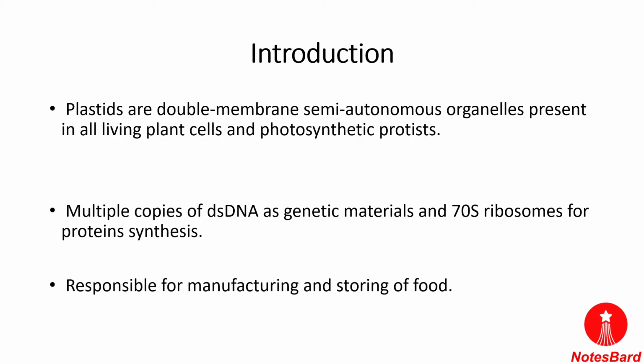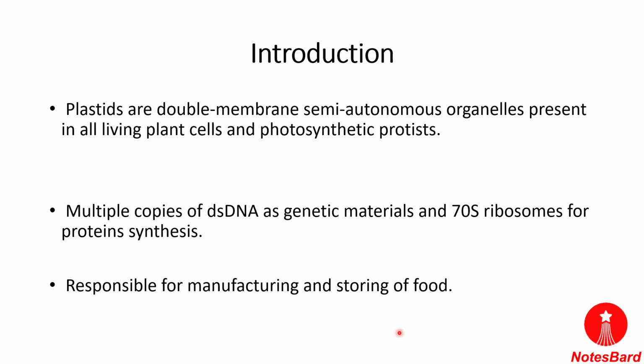So let's start with the introduction first. They are double membrane semi-autonomous organelles and they are present in all living plant cells and photosynthetic protists. They have multiple copies of dsDNA as genetic material and 70S ribosomes for protein synthesis, and they are responsible for manufacturing and storing food.